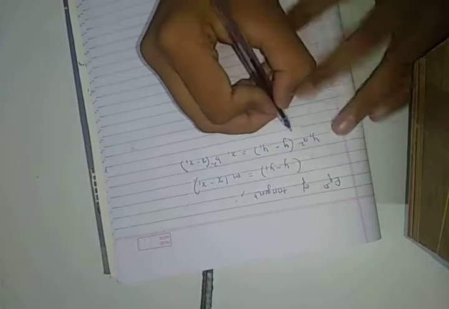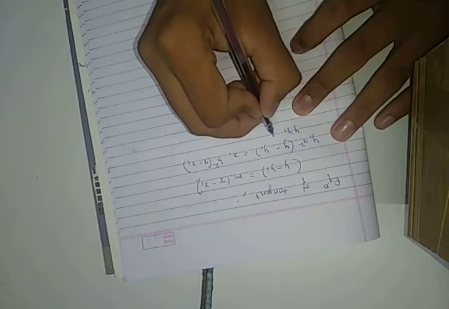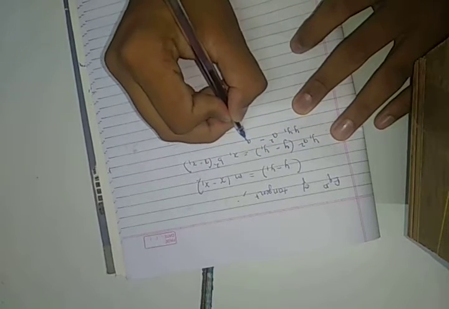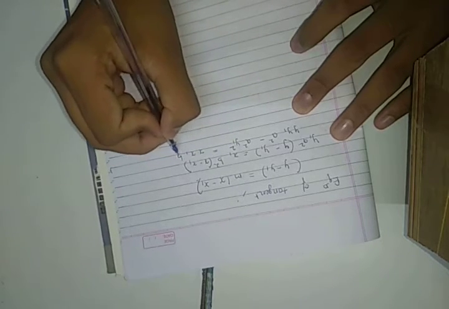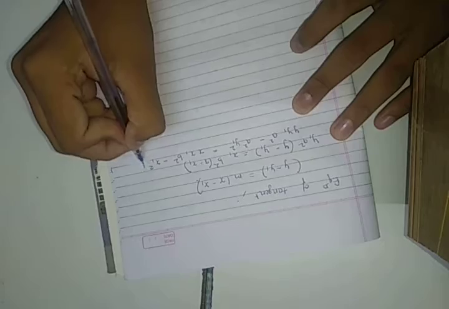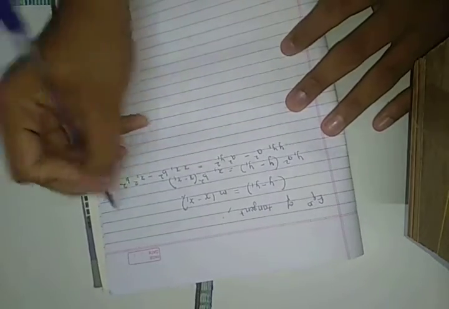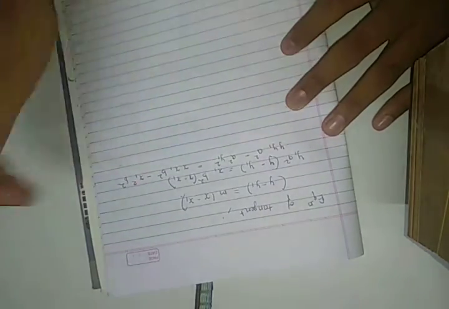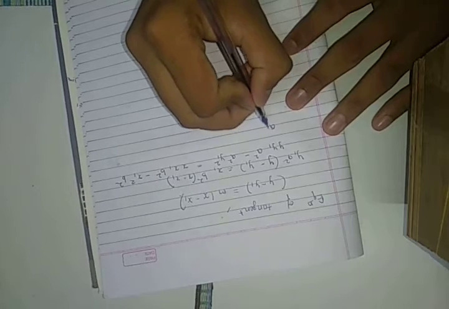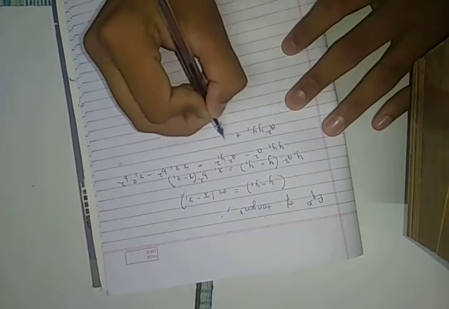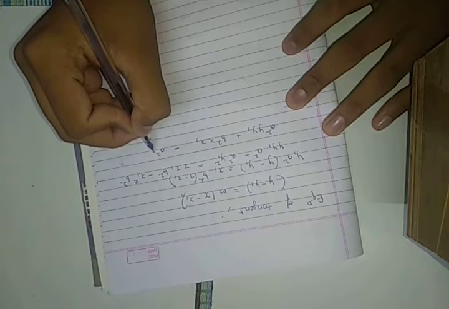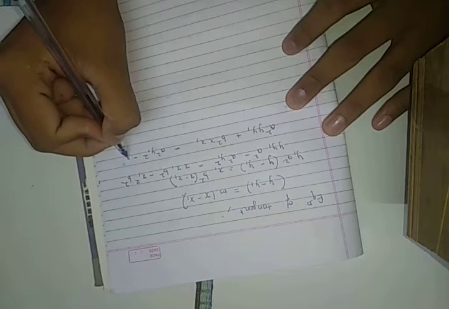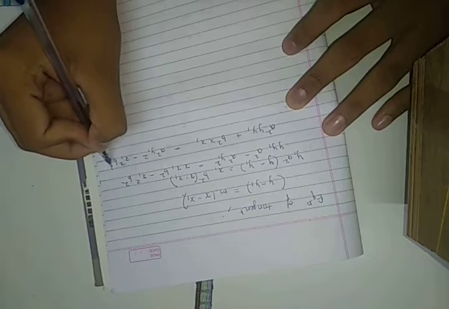Okay, let's open the brackets. y1 a square minus a square y1 square is equal to x1 b square minus x1 square b square. So a square y1 plus b square x1 is equal to a square y1 square minus x1 square b square.